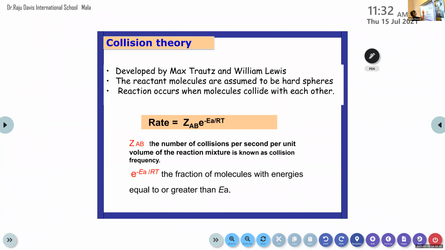This collision theory was developed by Max Trautz and William Lewis, and it is based on the kinetic theory of gases.